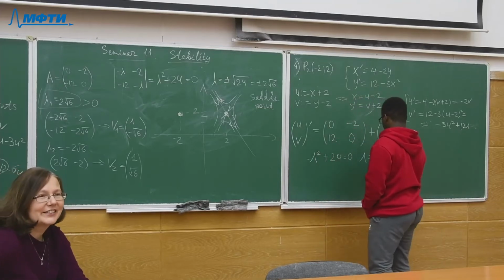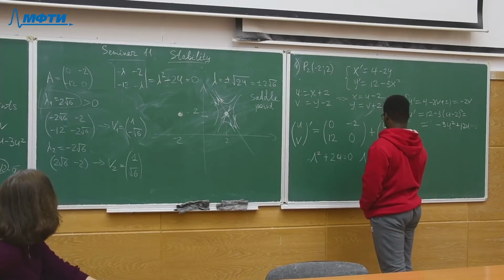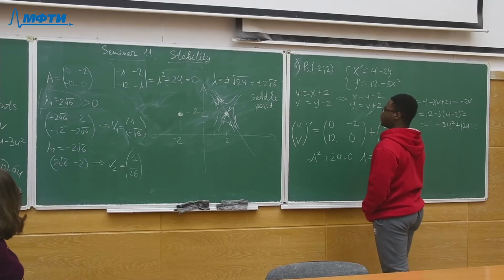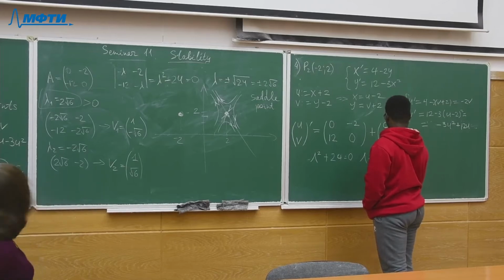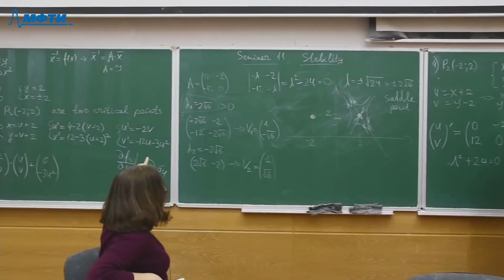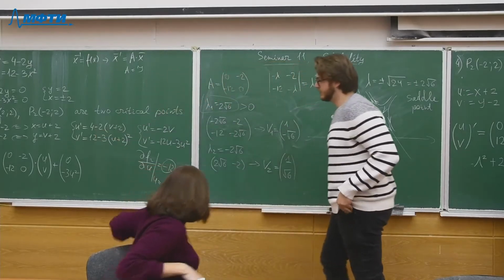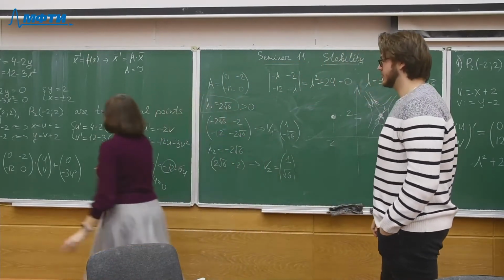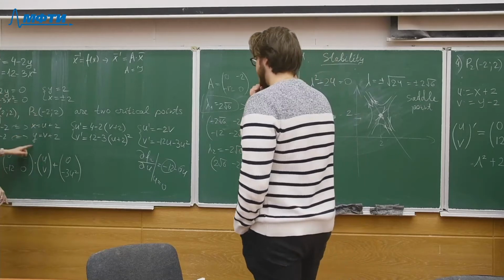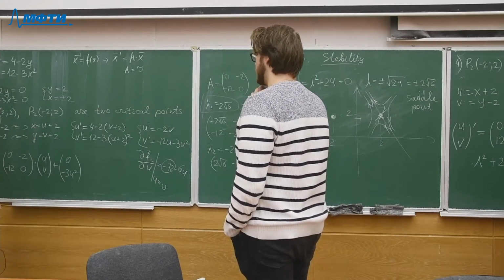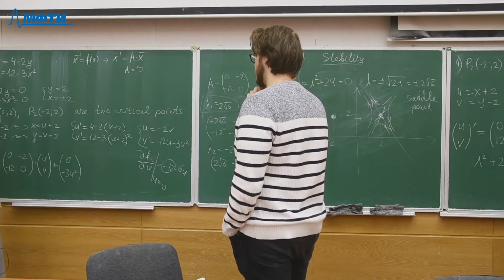How did you get u prime equals 4 minus 2 times v plus 2? Just substitution. We have written the change of variables, and next we substitute it here.